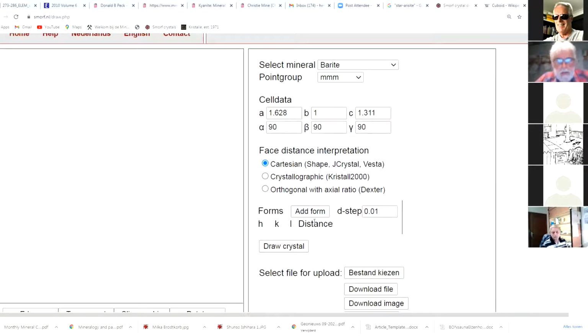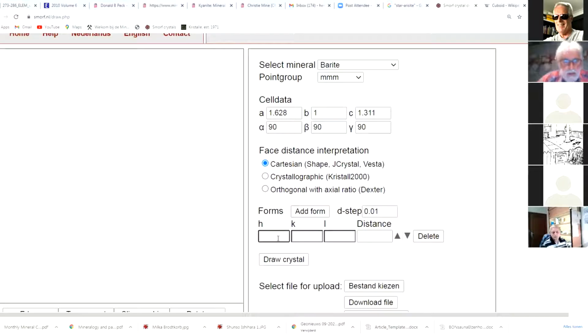So if we add a form now, the 1, 0, 0 form, and we click on draw crystal, it doesn't show anything, which is logical because our form is still wide open. Actually, since we are dealing with the orthorhombic crystal system, this form only has two faces, the 1, 0, 0 face and the minus 1, 0, 0 face.